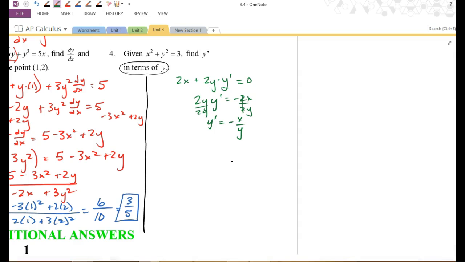Okay, so that's the first derivative. And notice right now I have it in terms of x and y. So remember that, keep that in your mind. Okay, so moving down, we're going to take the second derivative. So we have the y derivative, the derivative of y is the second derivative. Now on this other side, I have a fraction. So when I have a fraction, I have to do the quotient property.